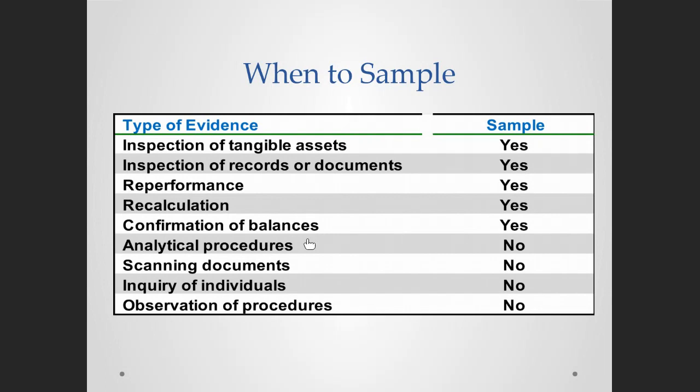The first one is analytical procedure. Analytical procedure is testing the reasonableness of the financial statements. Here you run some ratios like the quick ratio and current ratio, things like that.